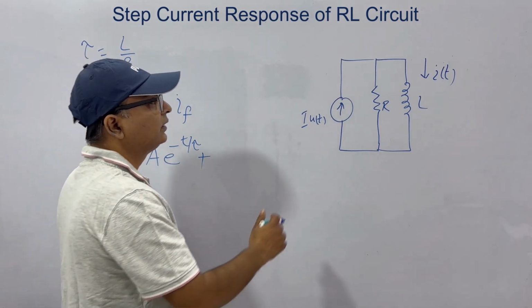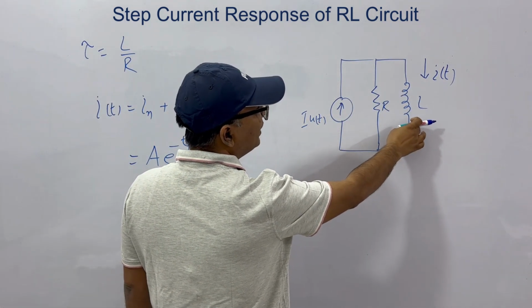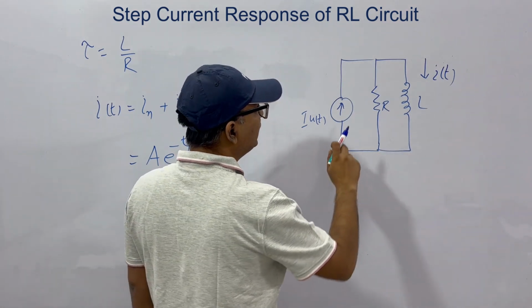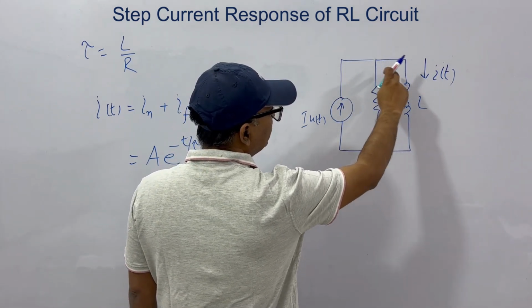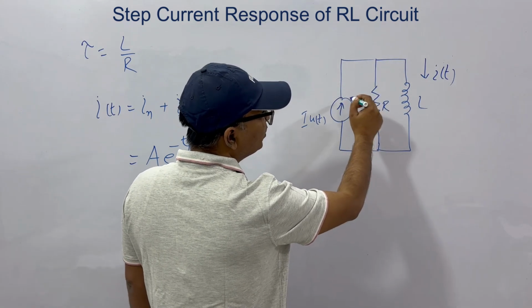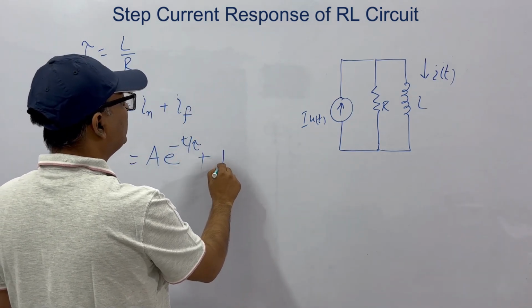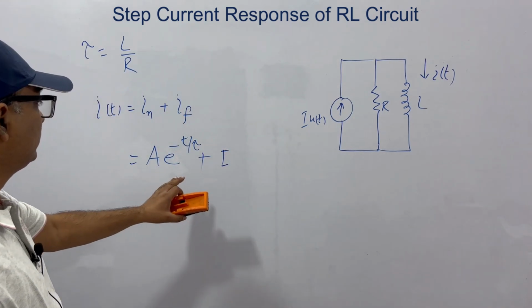In steady state, the inductor behaves like a short circuit, as I have told you. So no current will go into the resistor, and all of the current will go into the inductor. So i_f will be equal to I. Clear?